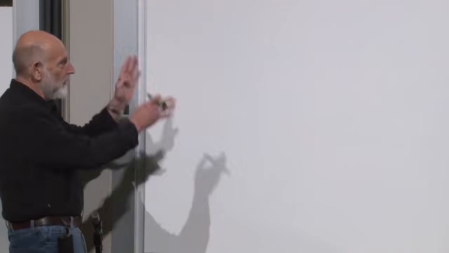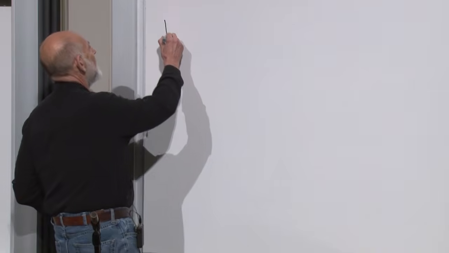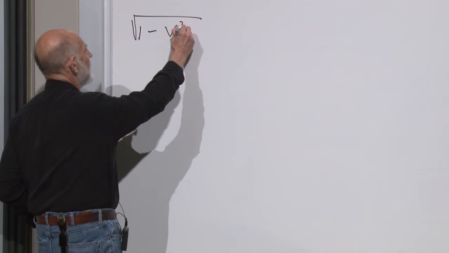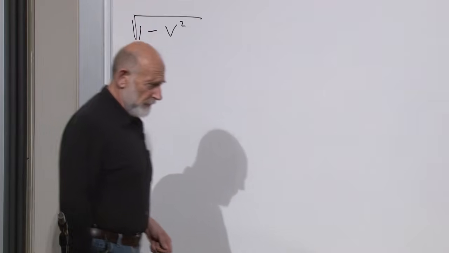Okay, for that we're going to need to make approximations which become better and better for slower and slower velocities. And in particular, the thing that we're going to have to approximate. Now, I know you all know this, but I'm going to do it just for completeness on the blackboard. We have this quantity which recurs over and over, the square root of 1 minus v squared.